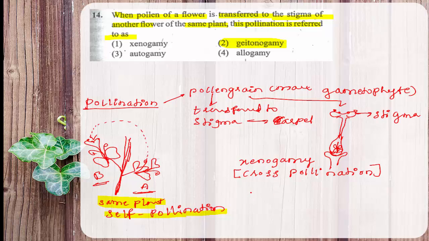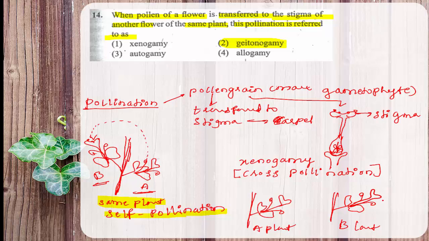But in case of xenogamy, the condition is totally opposite. Say, this is one plant. Here it has produced the flower. Just for proper understanding purpose, I am drawing the diagrams like this. This is A plant, and this one is B plant. Both the plants have produced the flowers.